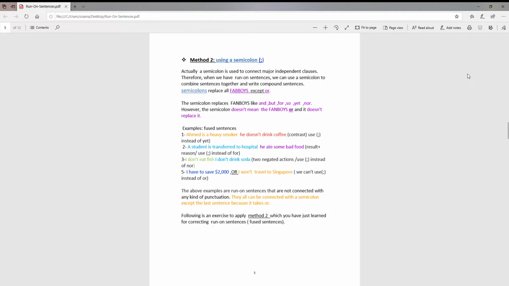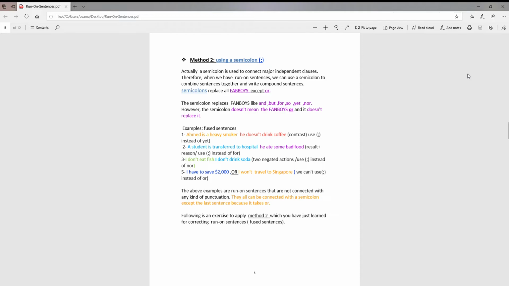We will read our sentences, and when the independent clause is complete, we will use a semicolon.